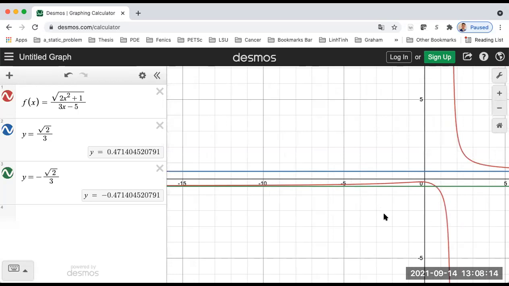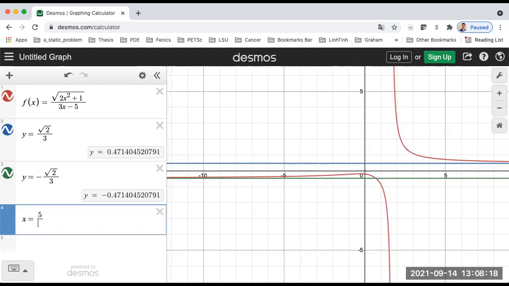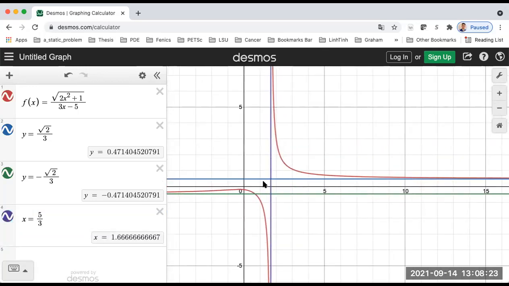And at x equal to 5/3, this is the vertical asymptote, the purple one. The graph does not cut this line at any point. So understanding the limit, we will know how the function behaves. Are we good now? Very good.